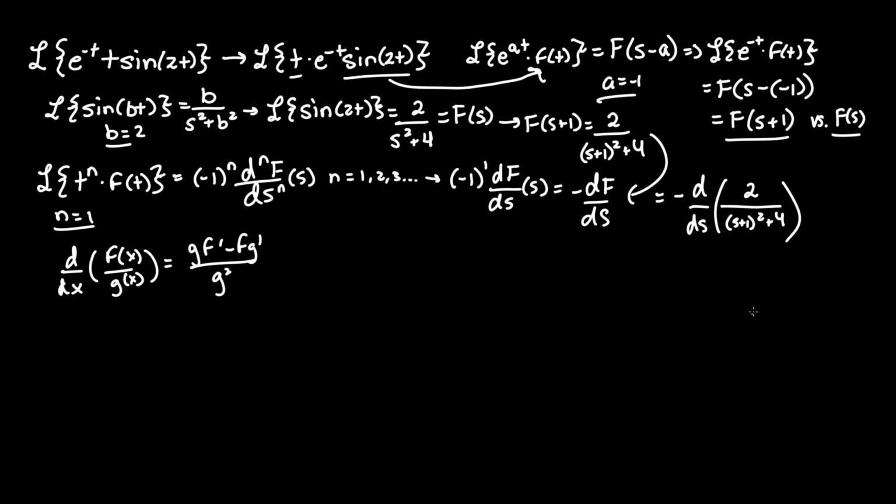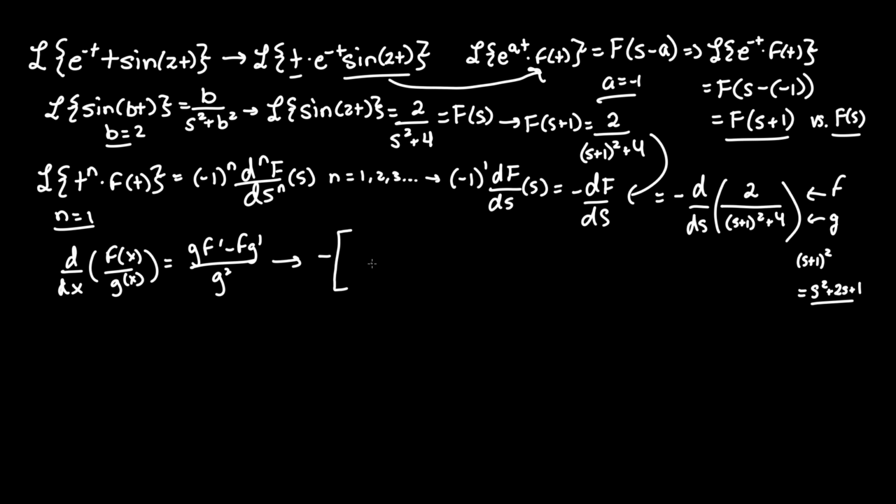So looking at this, let's quickly expand s plus 1 squared to make the derivative easier. That's s squared plus 2s plus 1. And now applying that, we have negative, I'll put brackets instead of parentheses, the bottom part, which is what we call g, and the top part, which I'll call lowercase f, to match up with this fraction here.